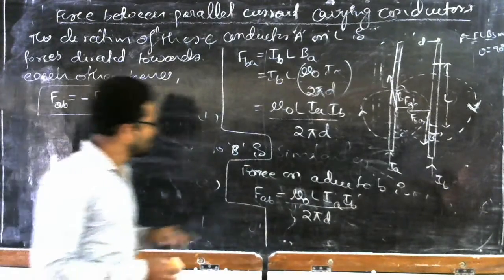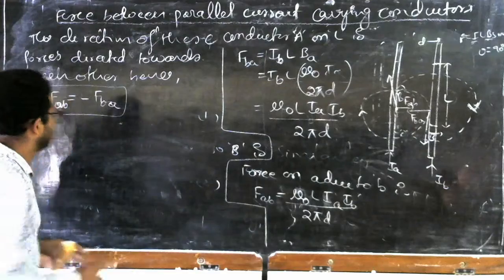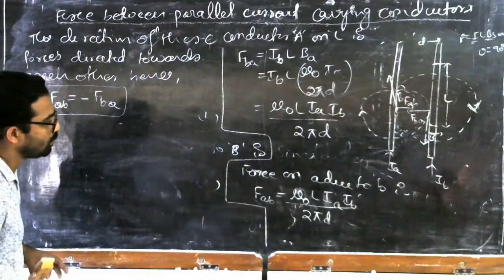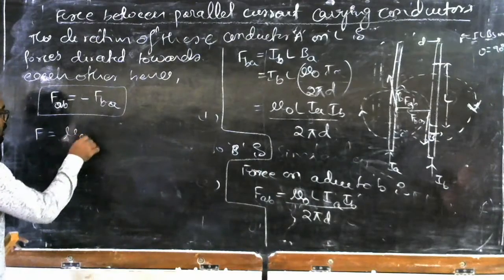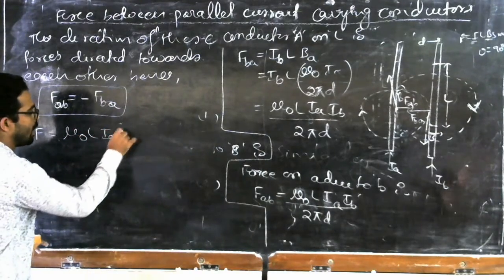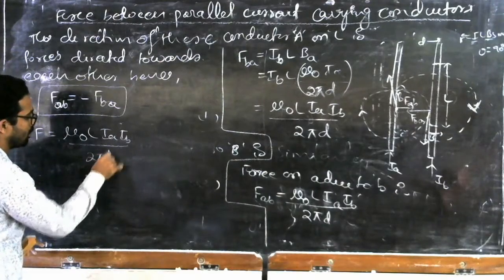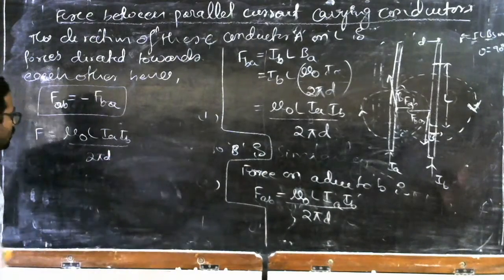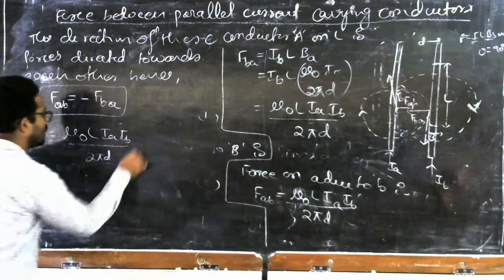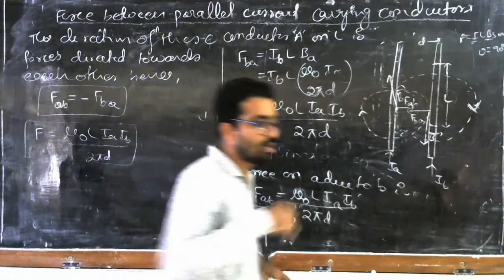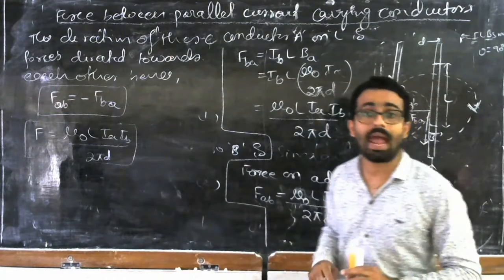So here we got the equation for force, F is equal to mu naught L into IA IB divided by 2 pi d. Using this equation, we can define the ampere.